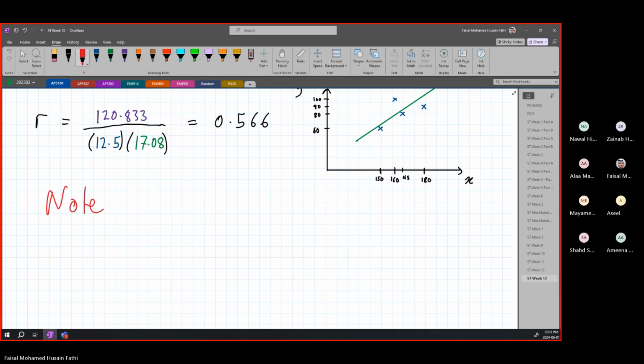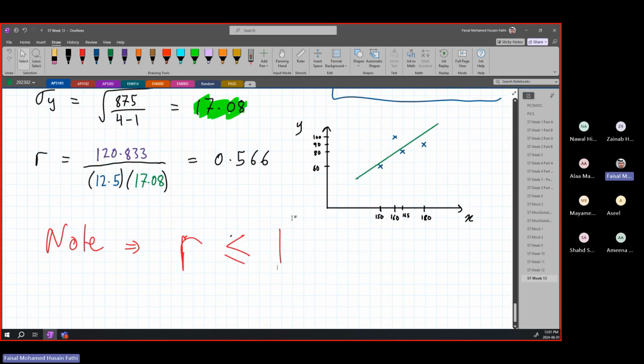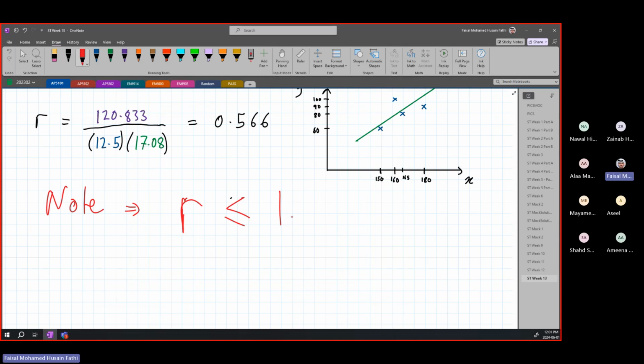Note, R has to be less than or equal to 1. So why do I say that? Or I should say R has to be between, for a positive slope, okay, for now.